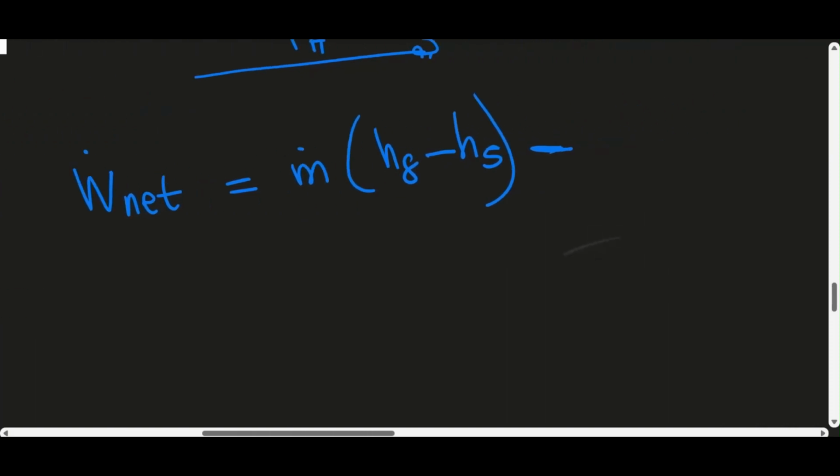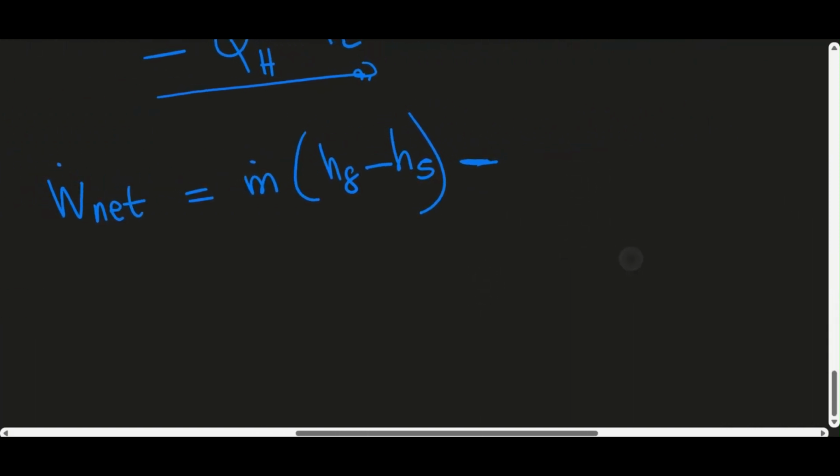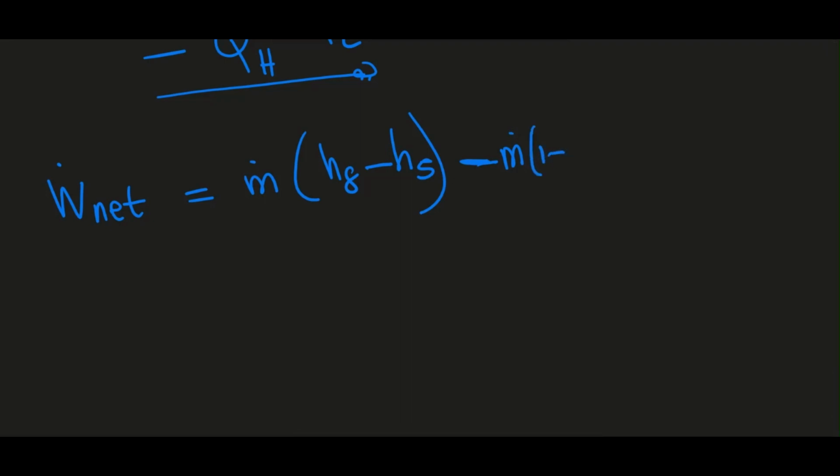So we'll have m dot multiplied by 1 minus y minus z, because that's the fraction, H11 minus H1.